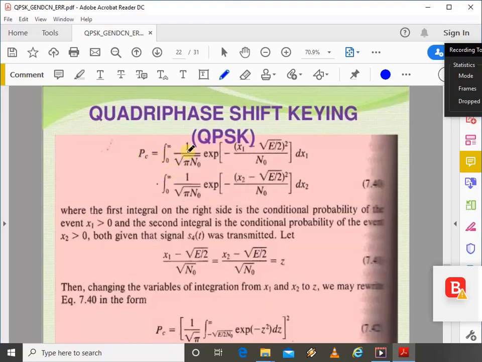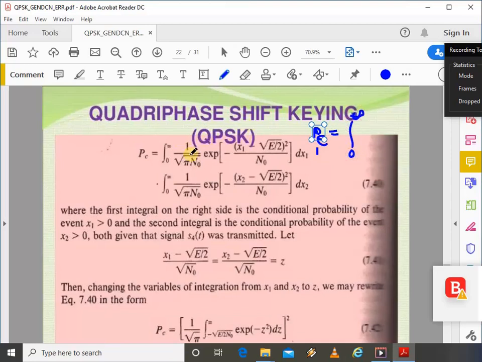That is, the probability of error for the Gaussian distribution is defined as P equal to integral from 0 to infinity.